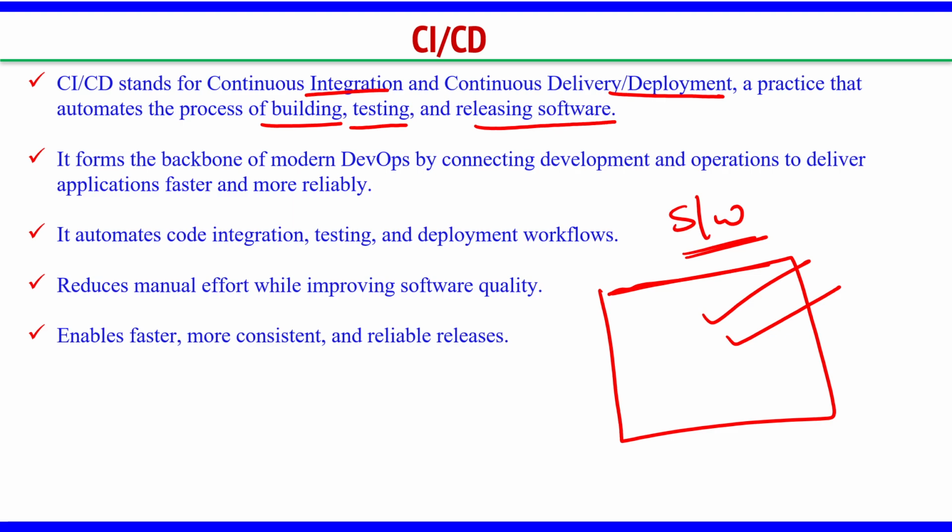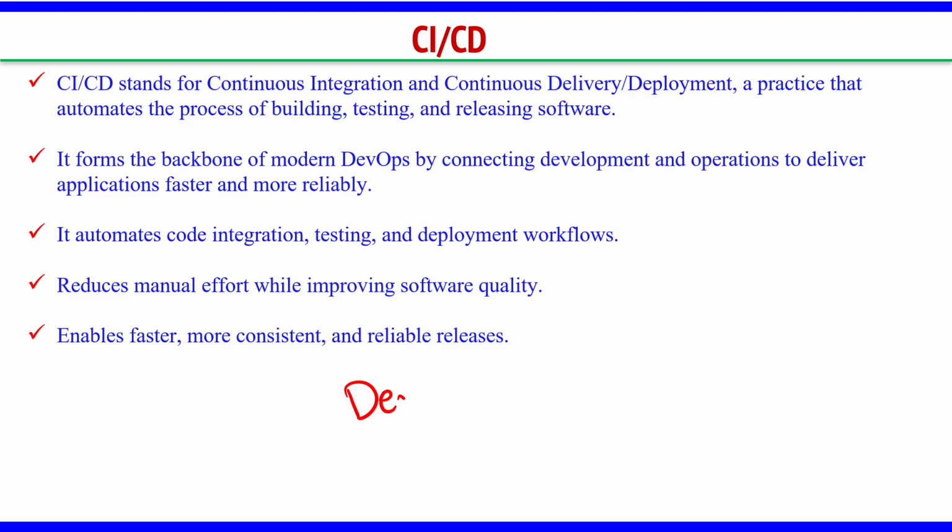So it forms the backbone of modern DevOps by connecting development and operations to deliver applications faster and more reliably. So when we say DevOps, we are actually connecting development and operations together. So CI/CD plays a major role in DevOps.